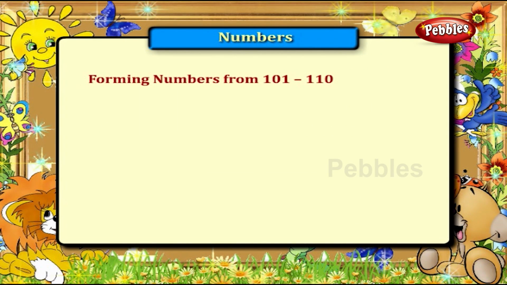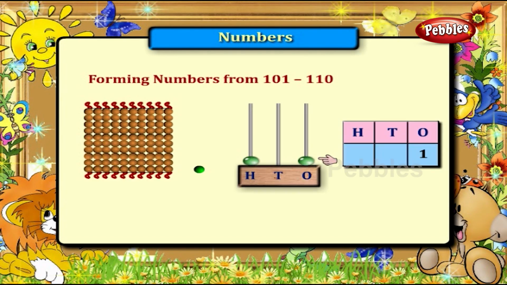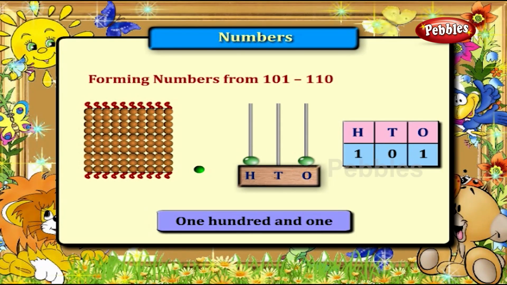Forming numbers from 101 to 110. We have one bead in the ones place, no beads in the tens place, and one bead in the hundreds place. This is number 101.